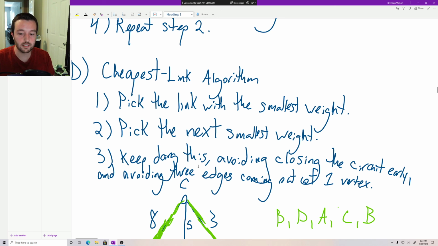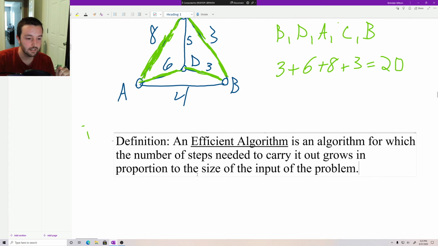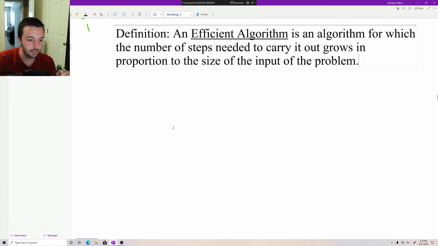If there's 3 vertices, then there's 4 steps. So now it's grown by 2. I can't remember what I said. Let's write it down.